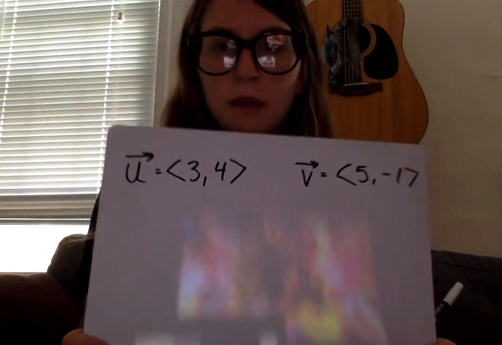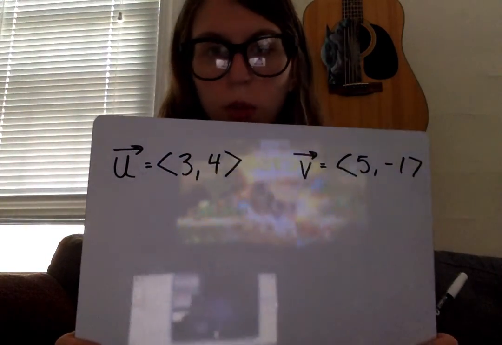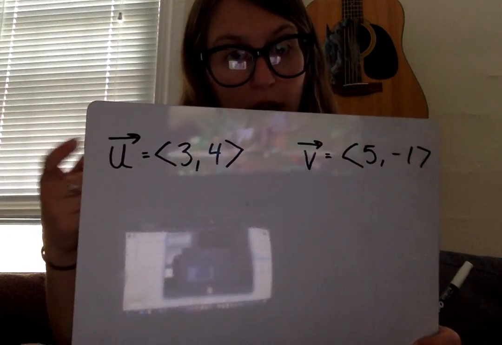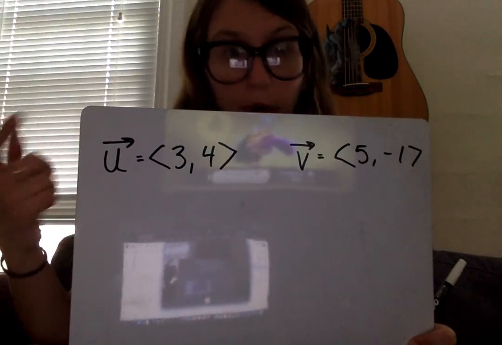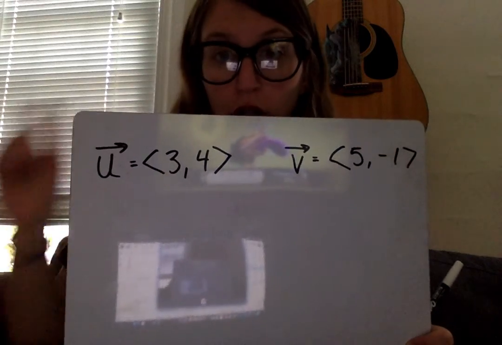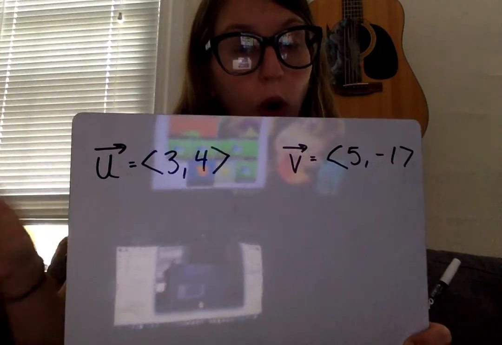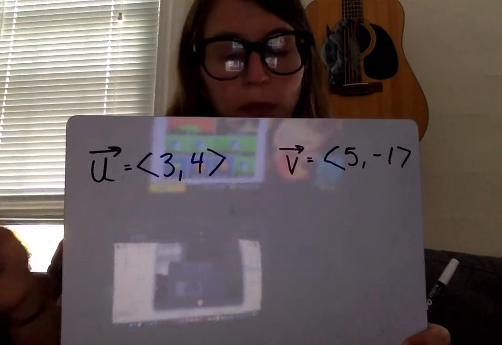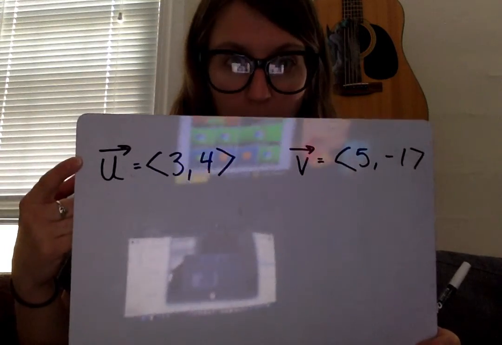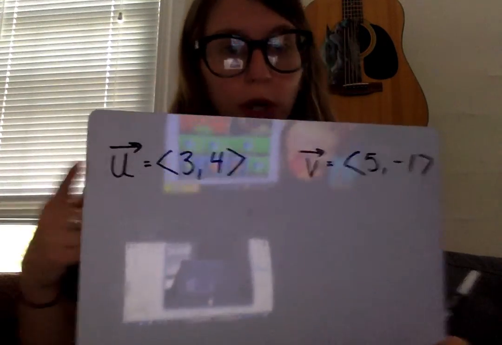So let's take an example of multiplying one of these by just a scalar, just a number. You're going to do exactly what you think you would need to do. So if this is vector u, I want to know what 2u would be.